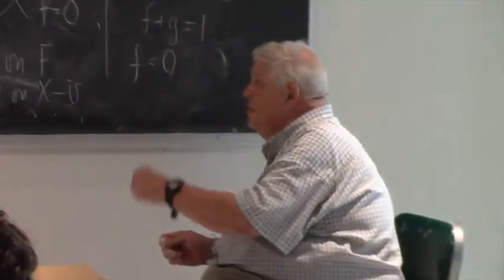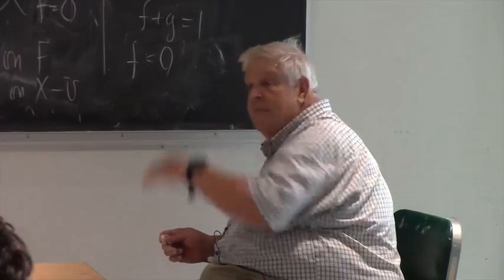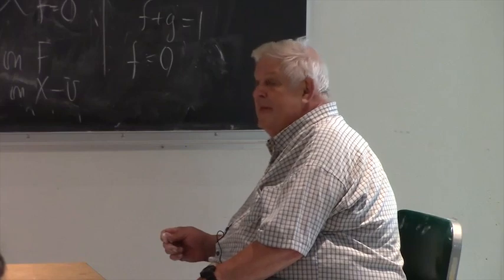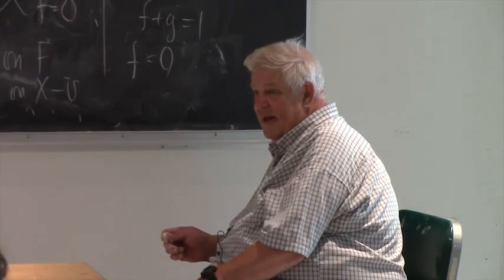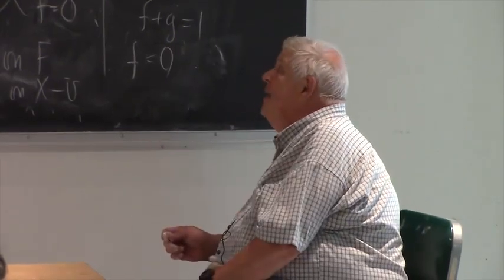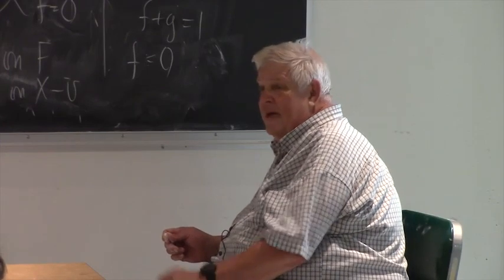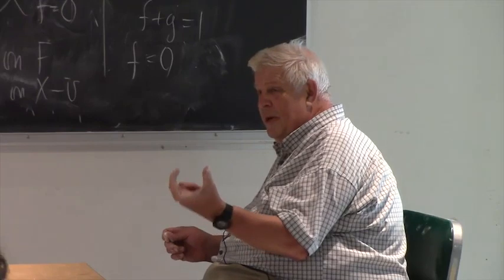This property, especially in the second statement, is very popular in point set topology, and topological spaces with this property are called normal. Actually, the terminology is slightly different. A space is normal if two closed sets have disjoint open neighborhoods.